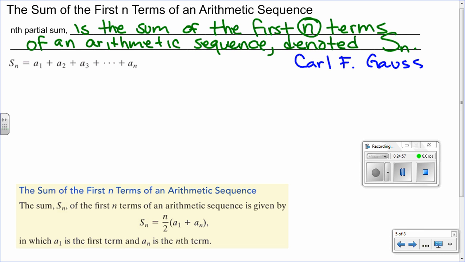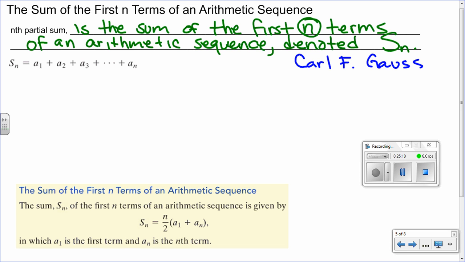The story says so, I don't know if it's true. She told him that she wanted him to add all the numbers from 1 to 100. She was hoping that he would be occupied for a few hours, right? Well then, how long do you think it took him? I don't know exactly how many minutes, but this is what he did.